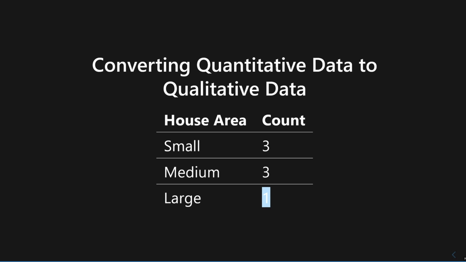So by converting your quantitative data into qualitative data, you end up with a useful insight. It will basically tell you, do houses tend to be small? Do houses tend to be medium? Or do houses tend to be large? For this specific example, houses tend to be small and medium compared to large. So you gain useful insight from that.